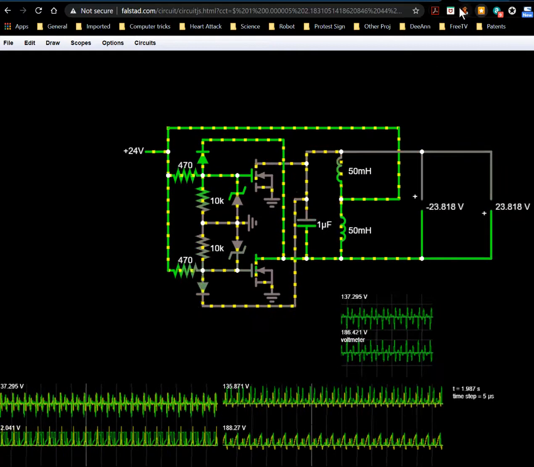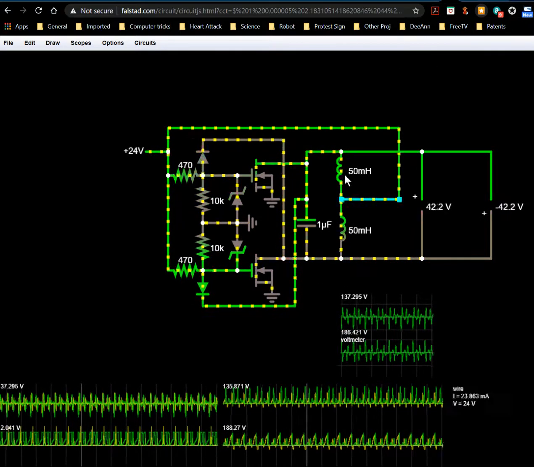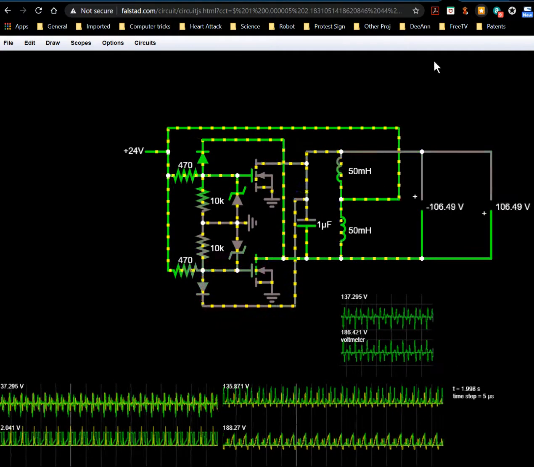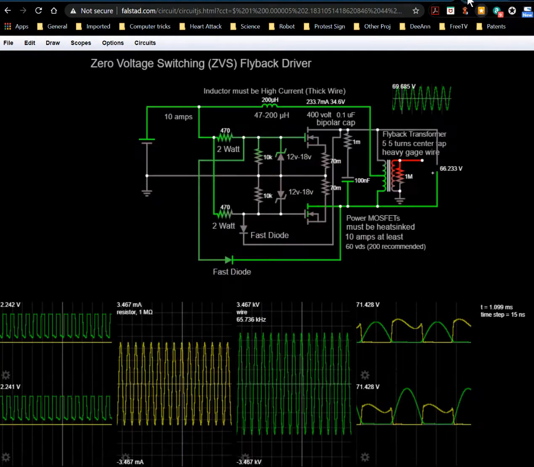You want them to operate as a single inductor with a center tap on it, not as two separate inductors that happen to be connected together. Otherwise, you'll get this result, which is how it should work, as opposed to that garbage you get over there.